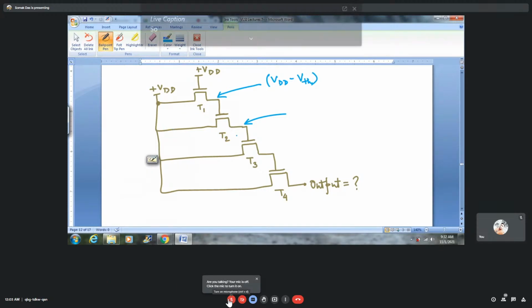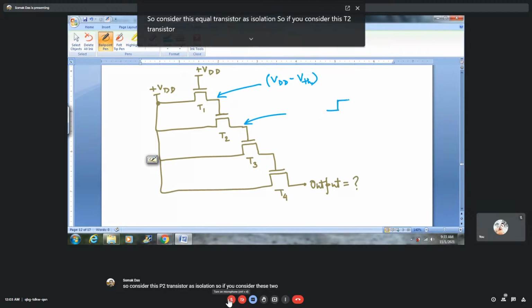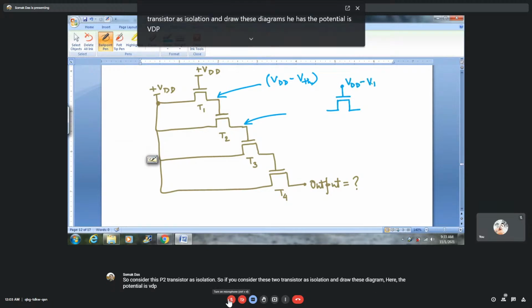What will be the drain potential at T2? So consider this T2 transistor in isolation. If you consider this T2 transistor in isolation and draw this diagram, here the potential is VDD minus VTH. And here you have provided VDD.